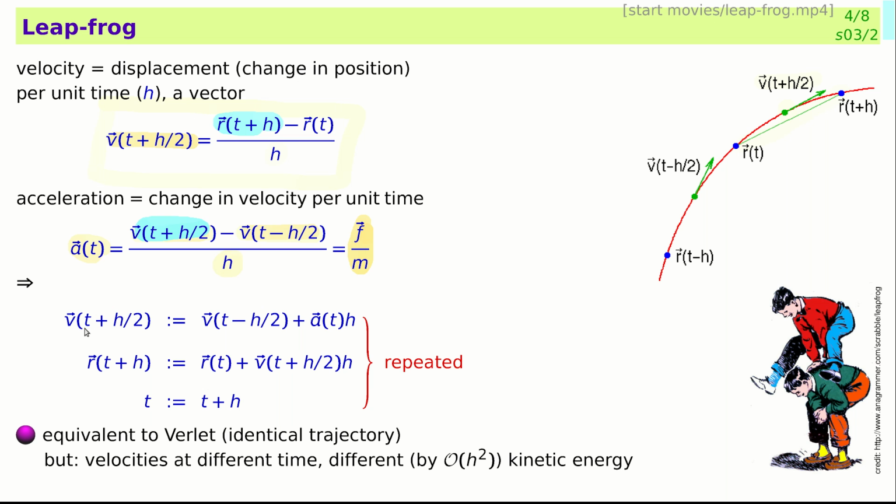It gives me the algorithm for one time step that then I, as before, will repeat many times. That is, from this I'll get that the velocity at time plus half the step is the velocity by one time step in the history plus the acceleration, which means this times the time step, and similarly for the position.